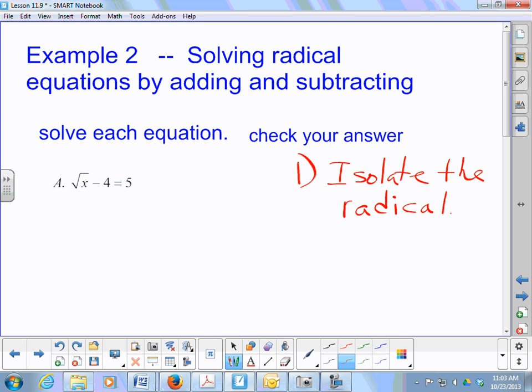So here I have the square root of x minus 4 equals 5. Is that minus 4 under the radical? No. So that means I need to get rid of it. First of all, I need to isolate the radical. Get him alone. So I need to use one of those special things I've done about solving equations and add 4 to both sides.